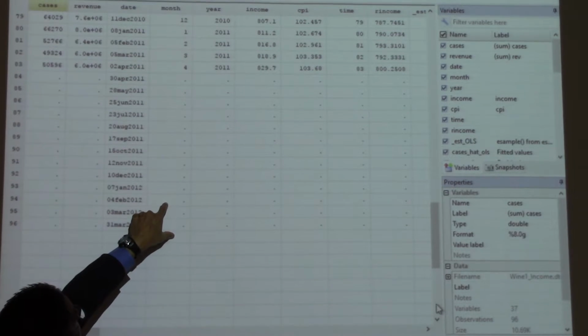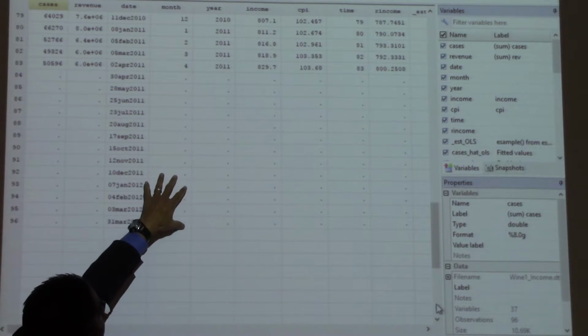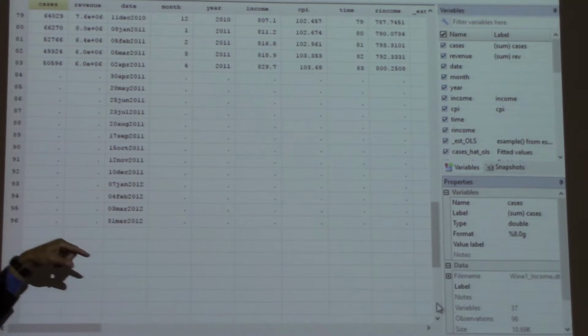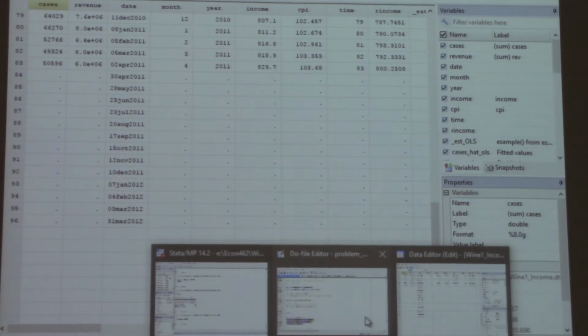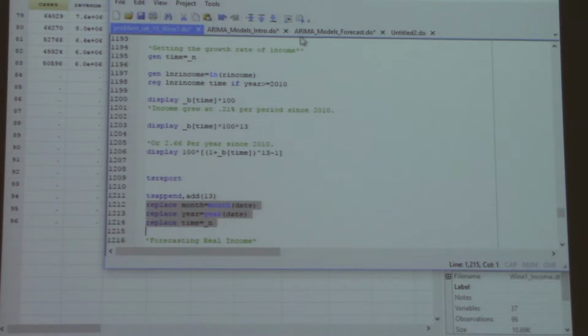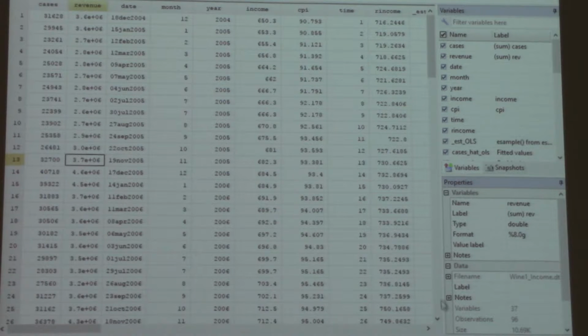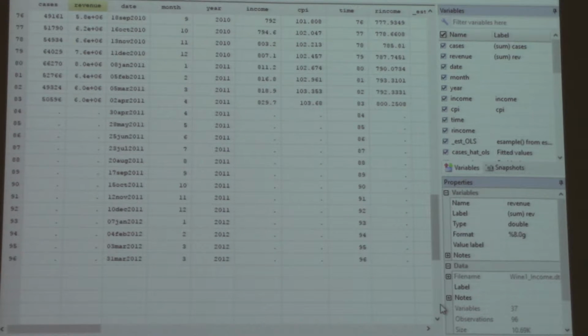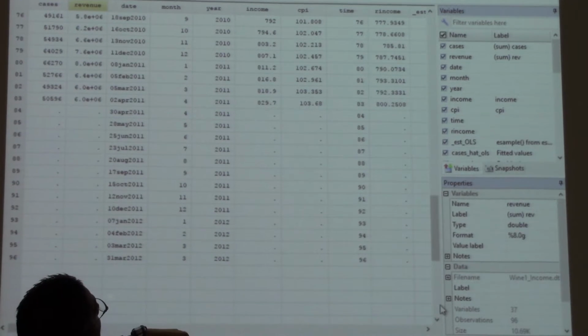We don't have any months, we don't have years, and obviously we don't have income because it's the future. But once we regenerate our month variable, it's going to fill in those new months. It fills out the months appropriately, pulls out 3 for March and the year and so on.